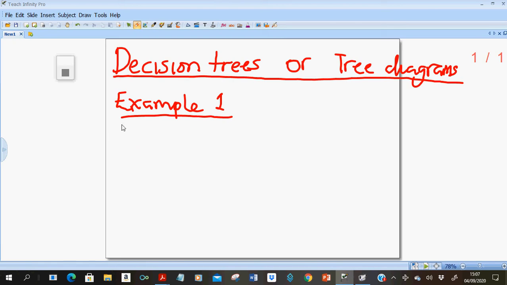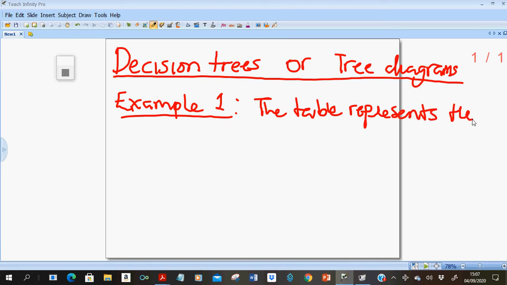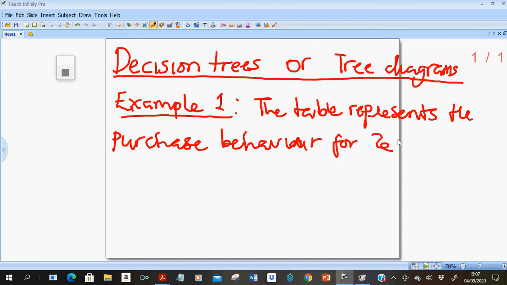This table just represents the purchase behavior for 1,000 households in terms of purchasing Tesco units. Now, the table is given as follows.